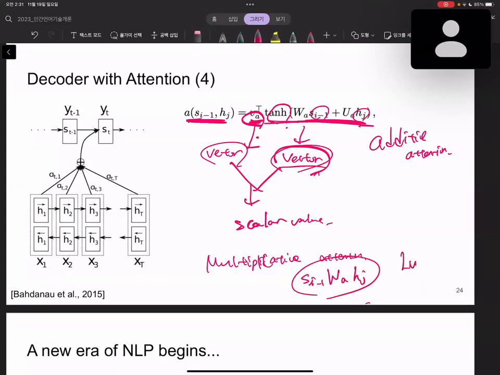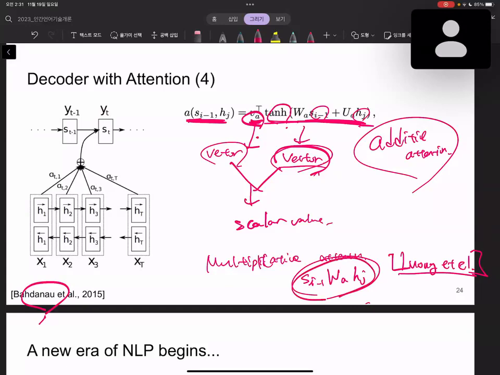This additive attention is Bahdanau. They are concurrent work. The only difference is how to compute the attention.